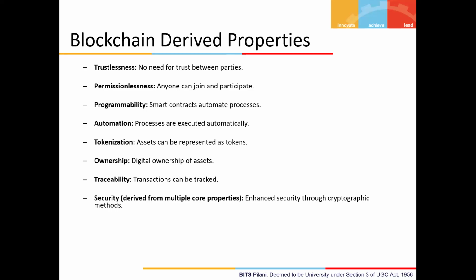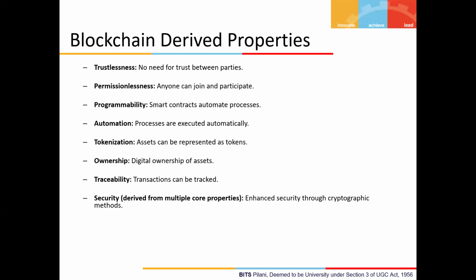So the next one is ownership, and this is the digital ownership of the asset. Let's say I'm submitting some kind of data over the blockchain, so that will be associated with my pseudonym identity, so that we can say, okay, this data belongs to me. And next is traceability. Traceability is like anyone can trace whatever is happening over the blockchain.